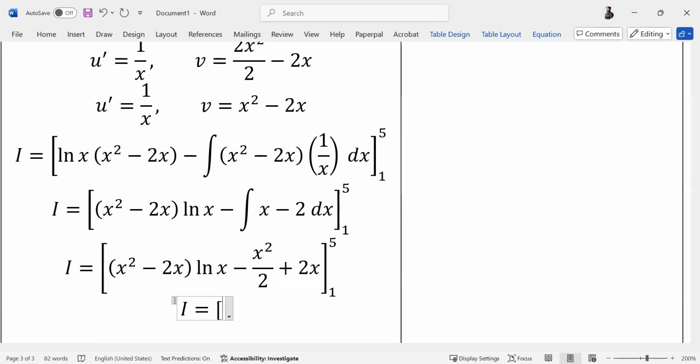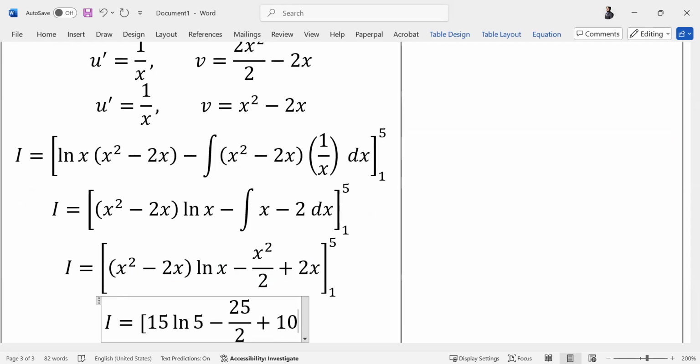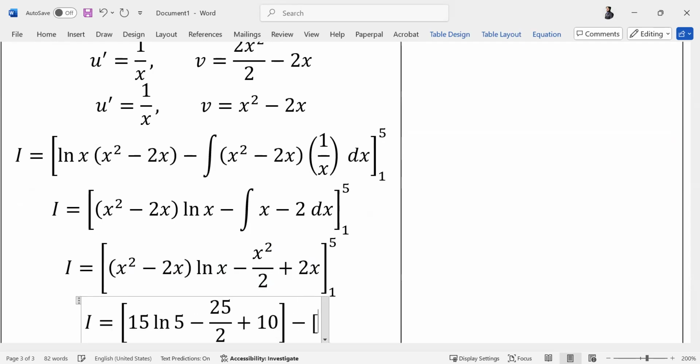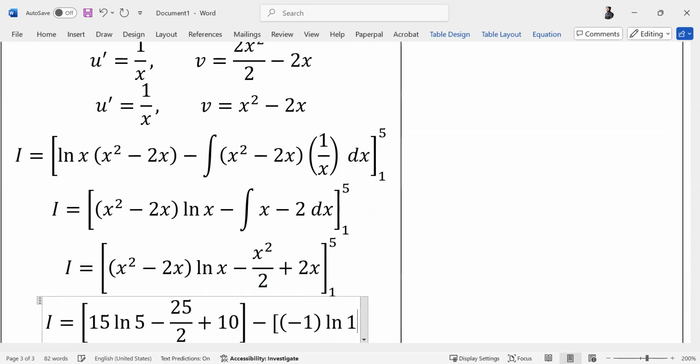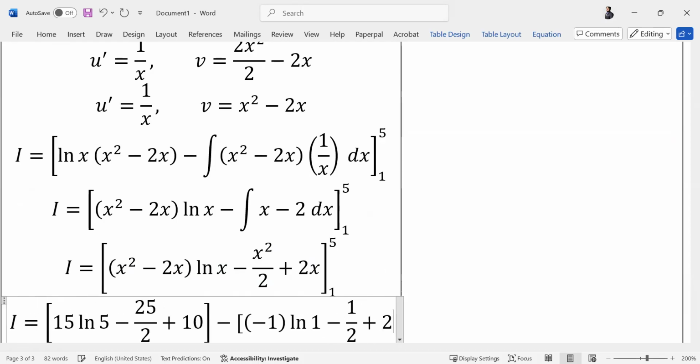Write it down first, make sure you write it down before you put it in your calculator. 5 square is 25 minus 10, 15 ln 5 minus 25 upon 2 plus 10. Is that right? Minus, if we put 1, then 1 square minus 2 is negative 1 ln 1, which will be 0, minus 1 upon 2 plus 2.